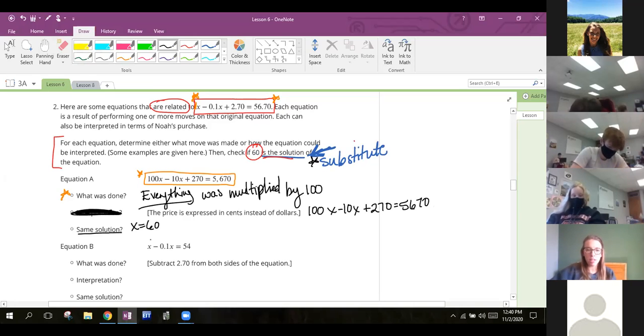So I'm going to substitute in my x equals 60. I'm going to bring down my 100, but instead of x, I'm going to put 60. And then I'm going to write down 10, but instead of x, I'm going to write down 60, and then plus 270 equals 5,670.